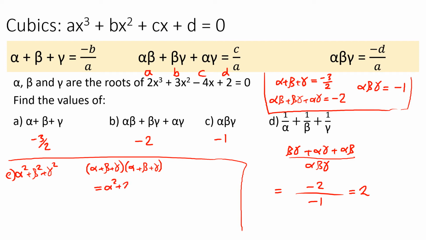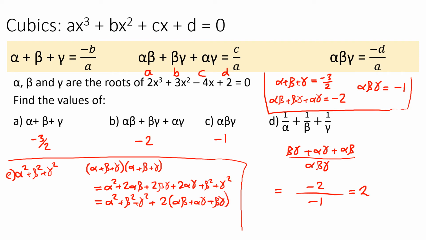We'll get alpha squared plus 2 alpha beta plus 2 beta gamma plus 2 alpha gamma plus beta squared, and plus gamma squared as well. Yeah, that should be everything. And we can tidy that up to being alpha squared plus beta squared plus gamma squared plus 2 lots of alpha beta plus alpha gamma plus beta gamma.